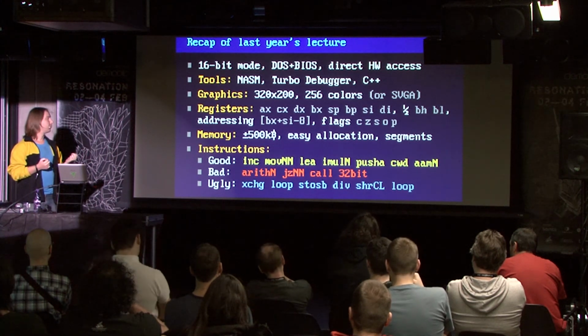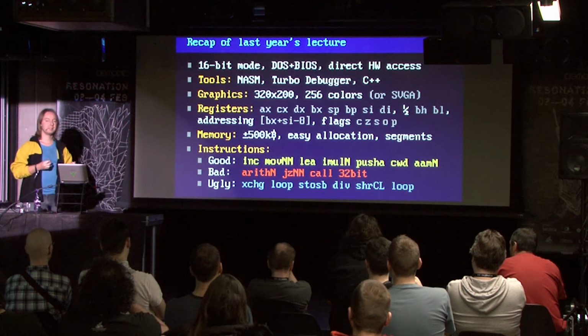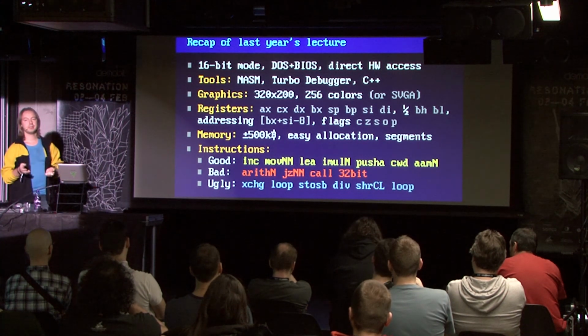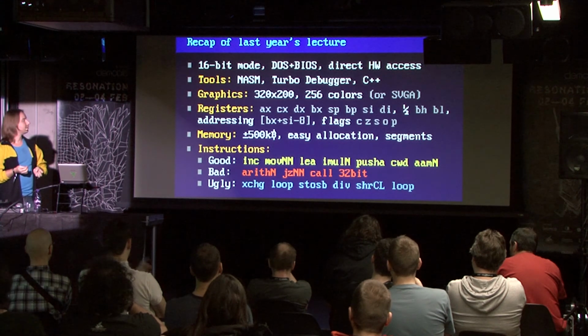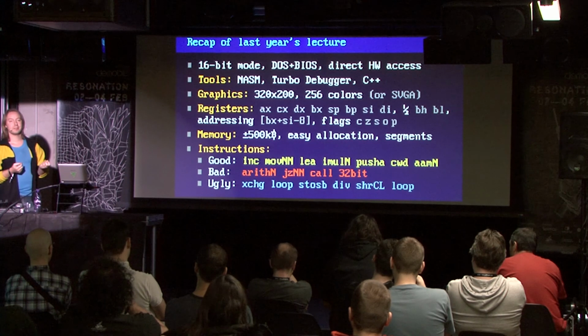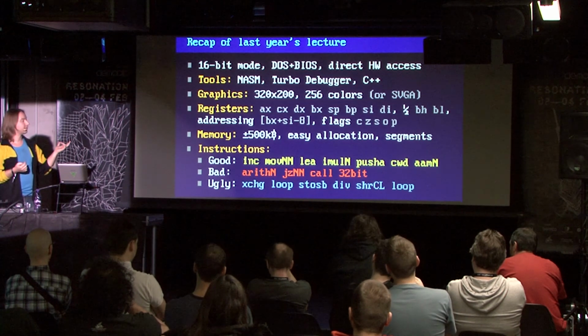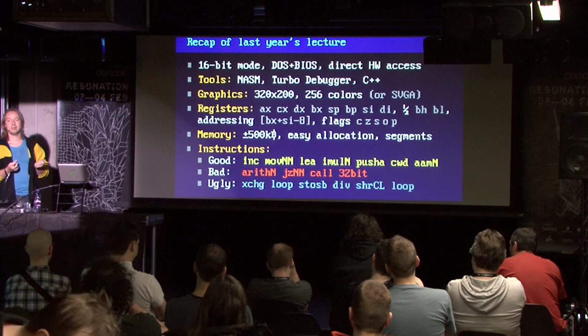We have access to memory, about 500 kilobytes of it, and we can access 64 kilobytes at a time using a technique called segmentation. There are special registers called segment registers, and they specify which 64 kilobyte part of memory you access.